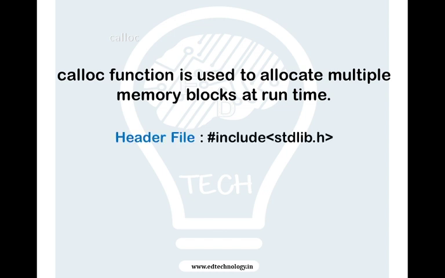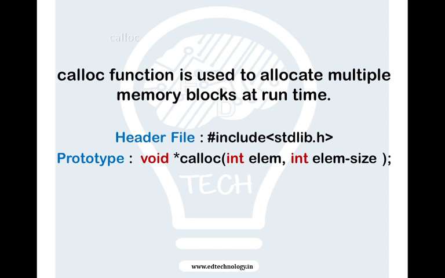Similarly to malloc, we need to use the stdlib.h file in order to use the library function calloc. We declare void star calloc, with the number of elements as well as the element size.